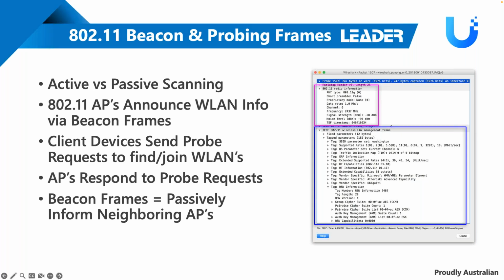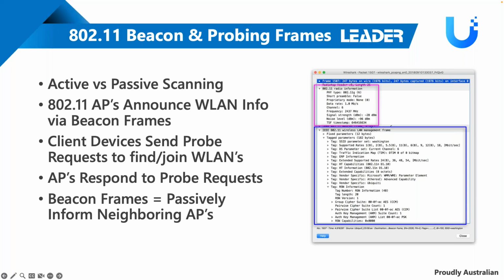The access points are forced to respond to this probe request and reply with the beacon information and just say, I'm an access point, I support these data rates, this is my security method, etc., etc. So the probe request primarily comes from the client device. The beacon frame primarily comes from the access point. The reason why this is important is to understand how we are going to restrict clients from associating to certain access points.